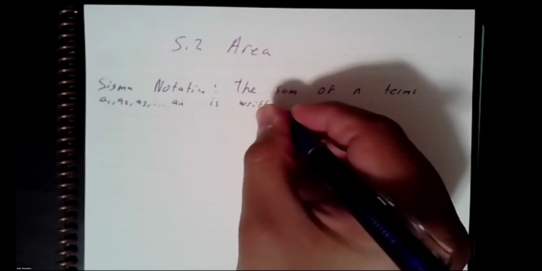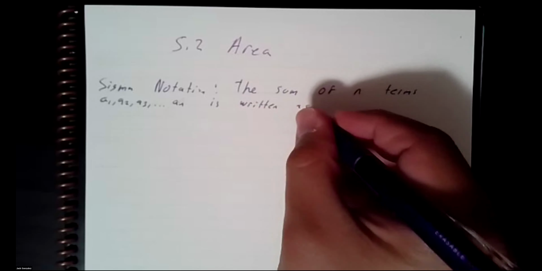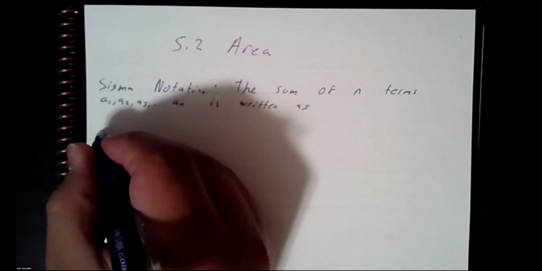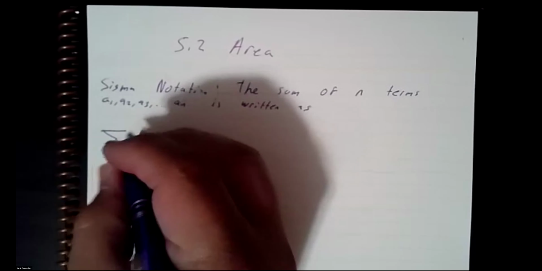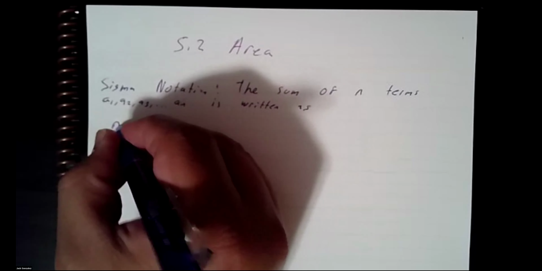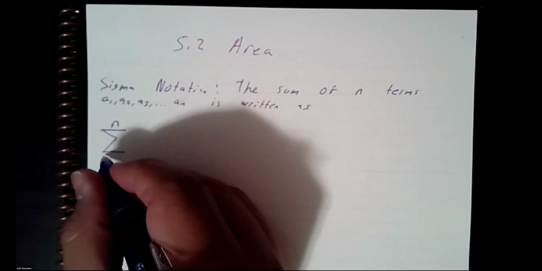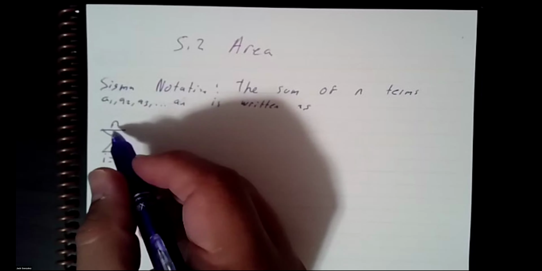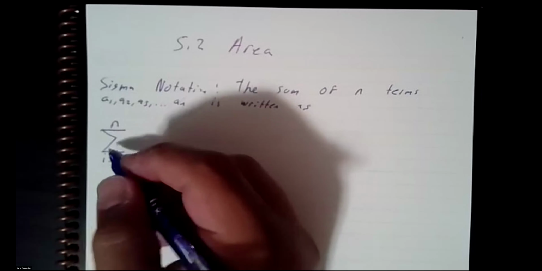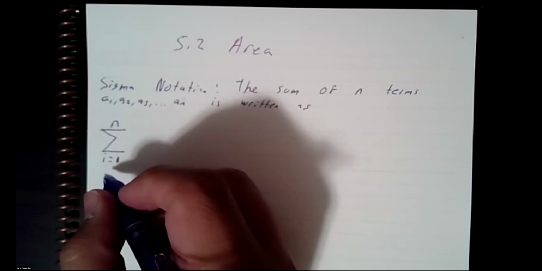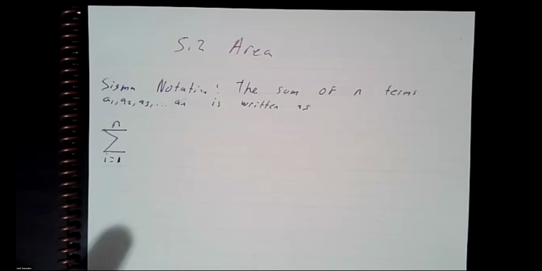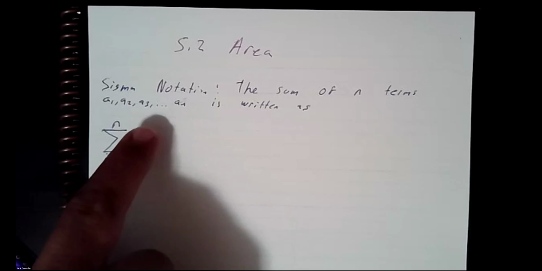is written as the capital sigma. So this means a sum from whatever index we're talking about. So if we're using i's, then it'll be going from i equals 1 to n.